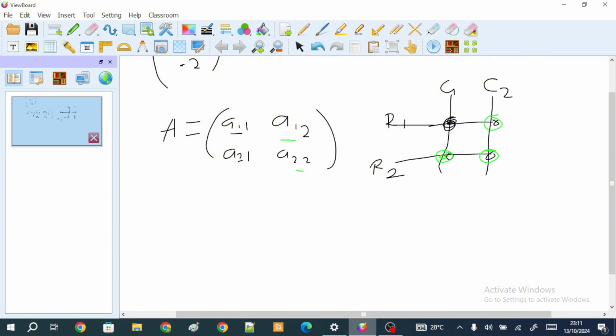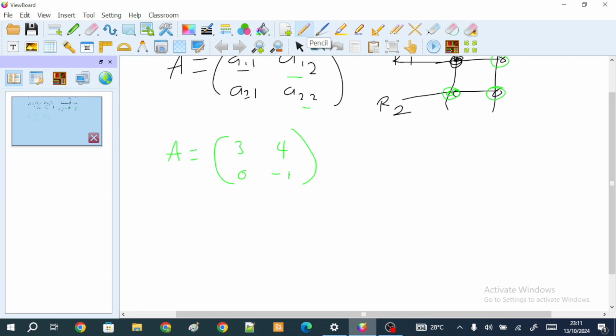Okay, so if we're giving a real example this time, and we have 3, 4, 0, -1. Since this matrix is called matrix A, what that means is that the element at position A11, that is the element at row 1, column 1, is 3.